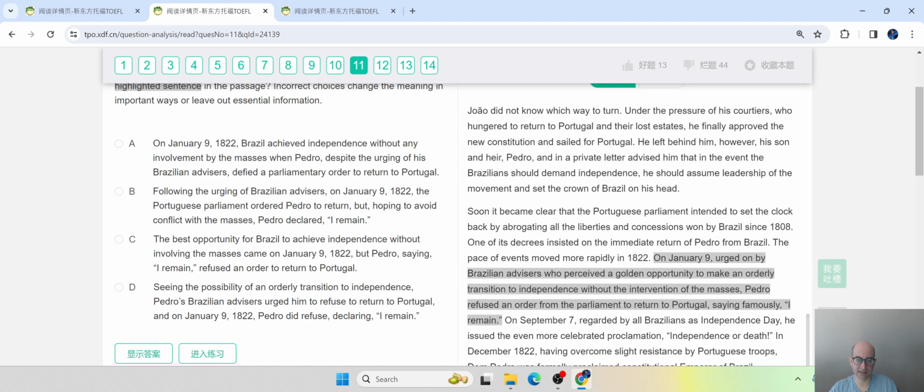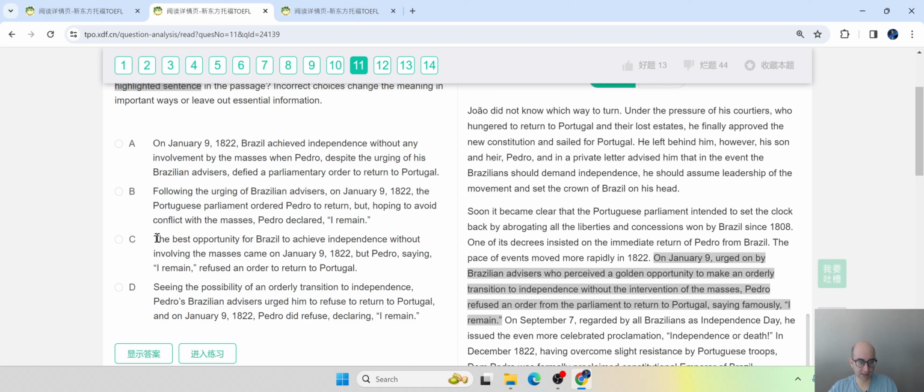They didn't say he was hoping to avoid conflict with the masses anywhere, and that word conflict is suspicious too. They actually talk about involvement or intervention from the masses when it came to the independence. So Pedro declared, I remain. So this but here just changes the meaning of the original statement. So B is wrong as well.